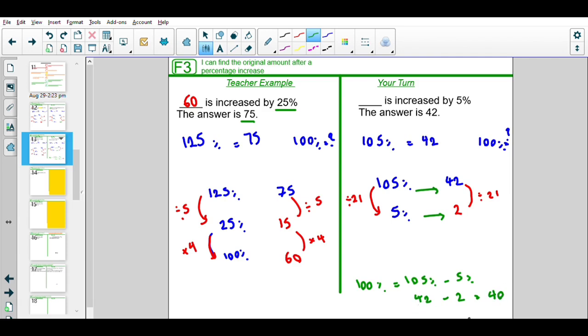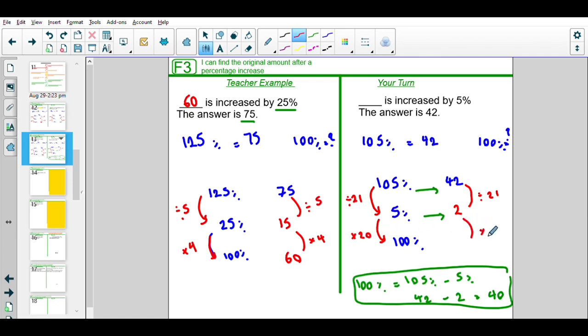Or I could just carry on the diagram that we have and ignore this green part in total. From 105% we get to 5%. Now I want to get from 5% to 100%. That means 5 should be times by 20, and 2 is going to be times by 20 as well.